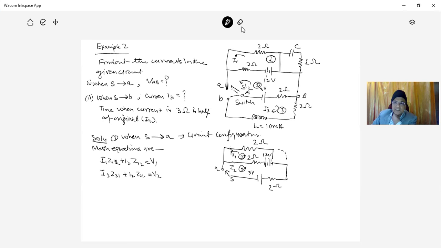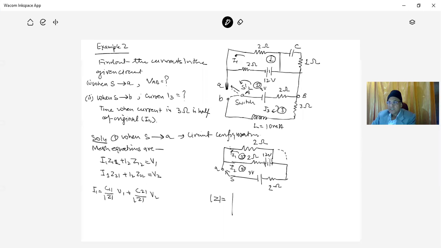These are the two mesh equations, and the corresponding current I1 is equal to C11 upon mod Z times V1 plus C21 upon mod Z times V2. So what is this mod Z?